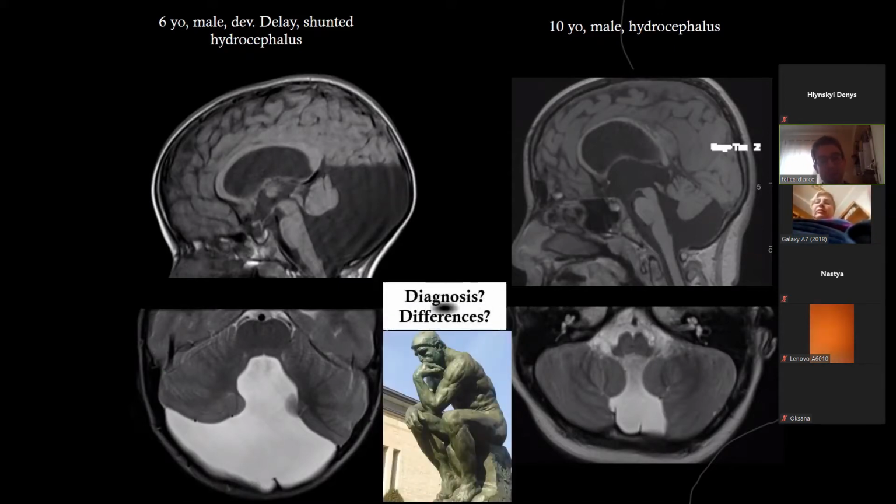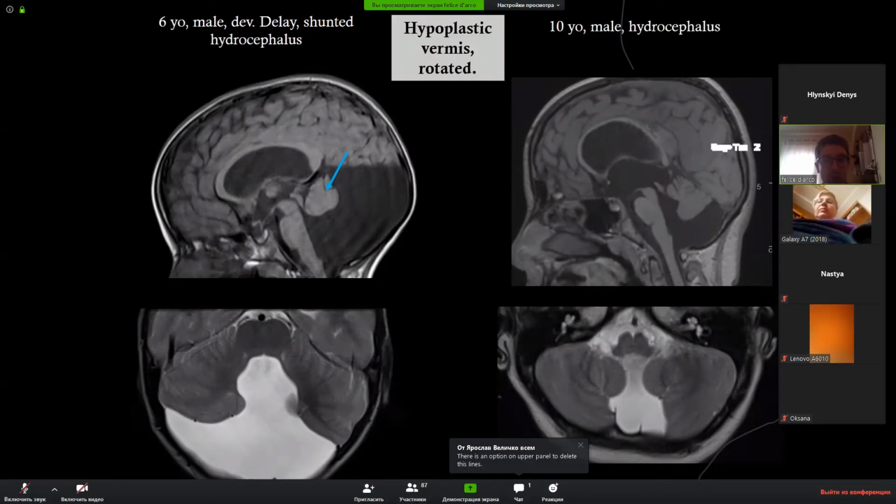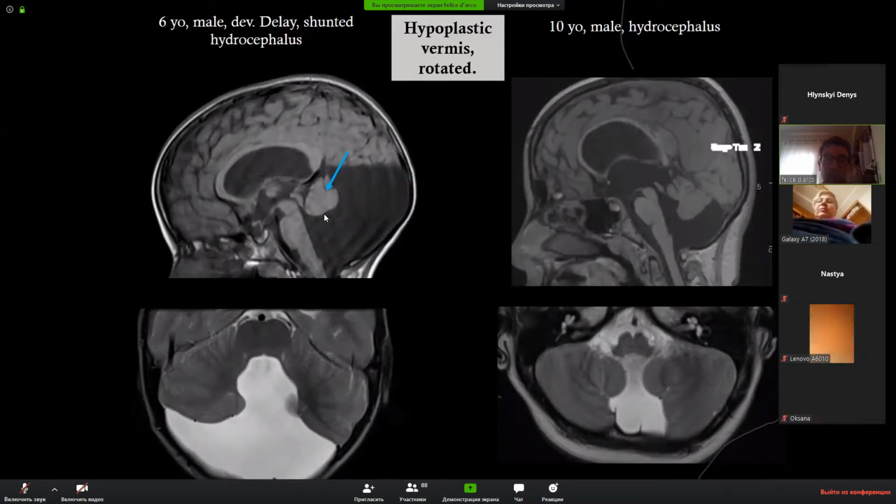What are the differences? So, first of all, the vermis here is hypoplastic, so it is small and rotated, okay? And the fastigium, this acute angle you saw before, is preserved there, but in this case it is flattened.